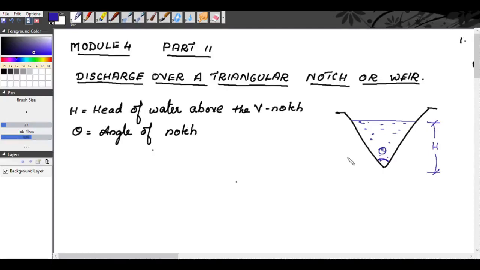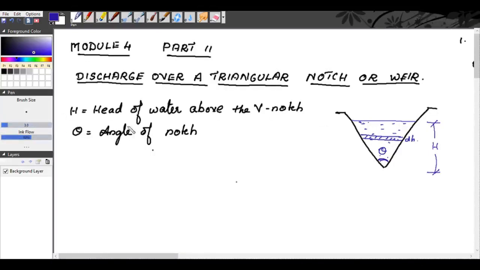So now, as we did in the previous case, the rectangular notch, we can take a small strip of width dH and we can integrate and we can find the discharge over the notch or weir. So I will give you the result alone.